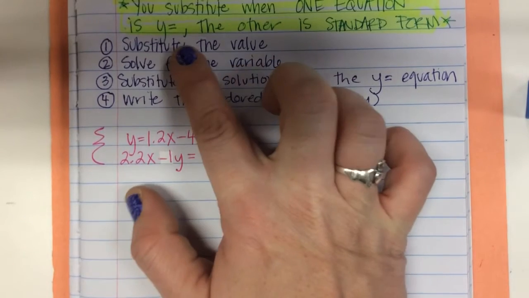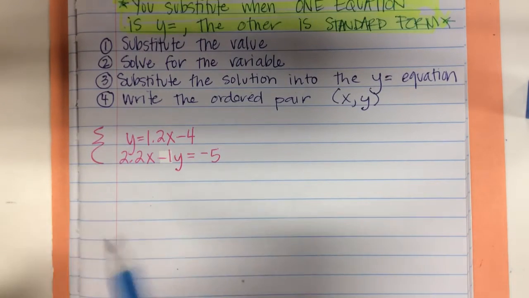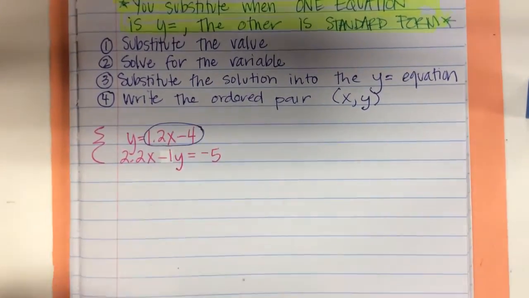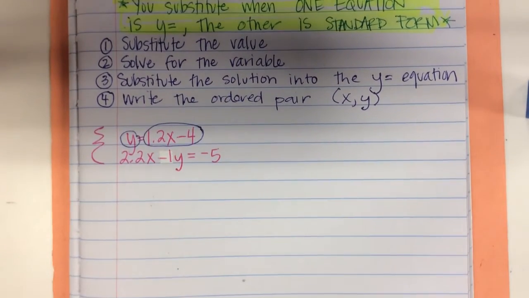First rule is substitute the value. So if I'm looking, which one is written y equals? Which one has an isolated variable? Which one is y equals? The top one, right? So I'm going to substitute this value instead of y.